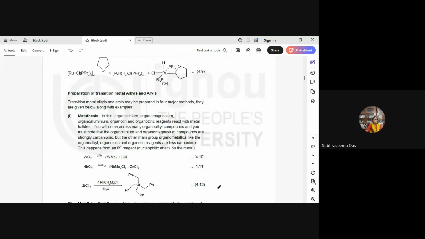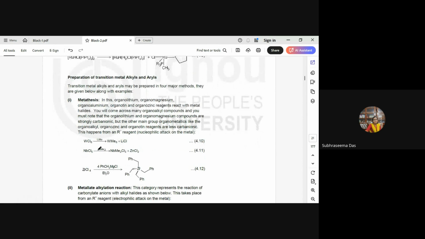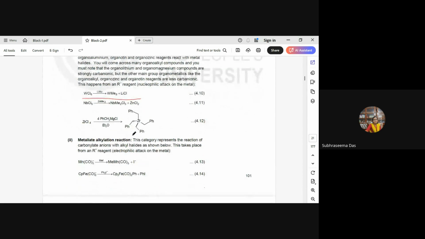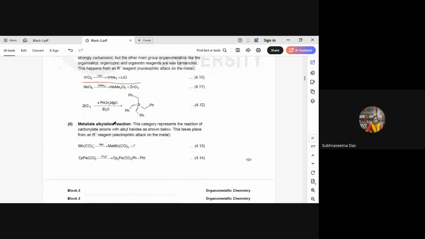In the metathesis reaction, mostly organolithium, organomagnesium, organoaluminium, organotin, and organozinc reagents react with metal halides, where a nucleophilic attack on the metal takes place. Here we have WCl6, which is made to react with LiMe, and it forms WMe6 plus LiCl. This is how the metathesis reaction works.